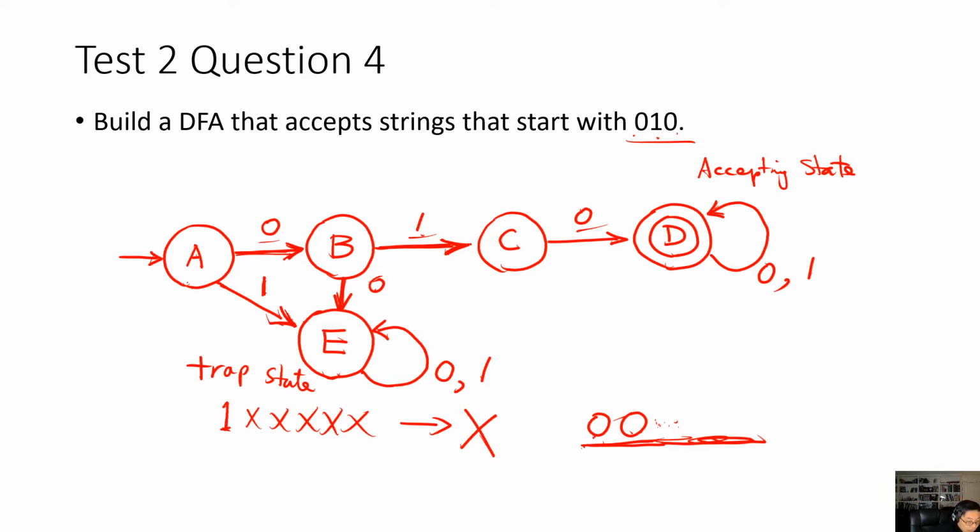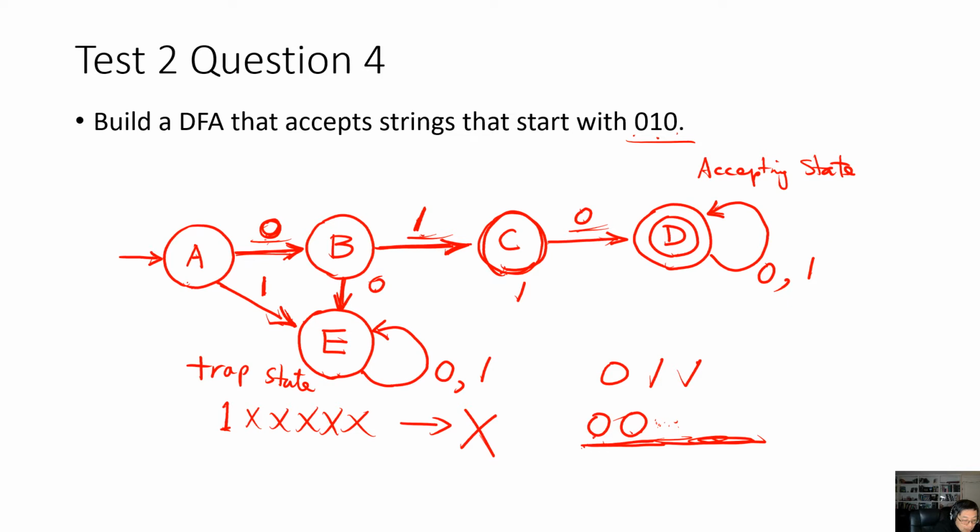Now, what if we're lucky, we got a 0 and we got a 1, but at the state C, the next input value is not 1? If it's 0, then we got a 0, 1, 0, right? So then we're going to accept that string. But if the next one at the state C, the input is 1, now where are we going to go? The string we are getting is 0, 1, and then once we got to state C, we got another 1.